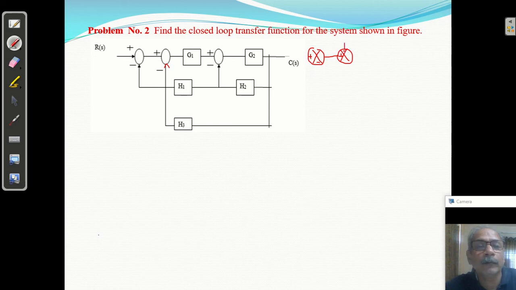This is the feedback you can show from here. That is what it is, H3. I am taking feedback. Then this is H1. This is G1, sorry.